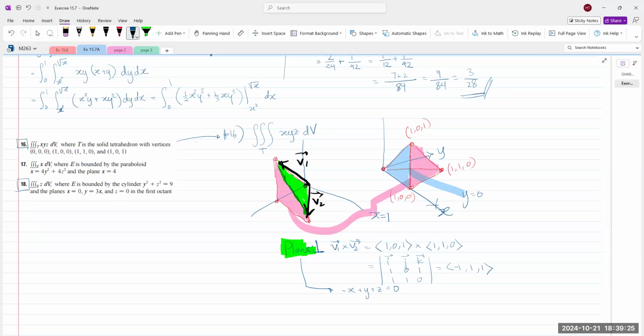Now let's see the domain on the xy plane. On the xy plane, it looks like this, right?